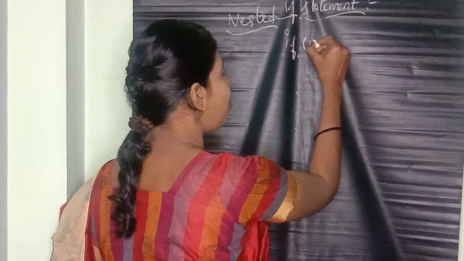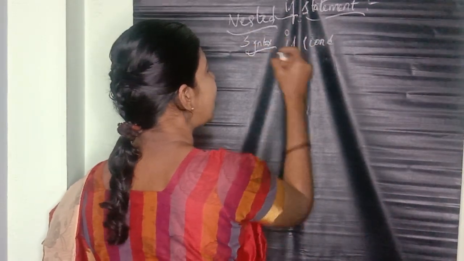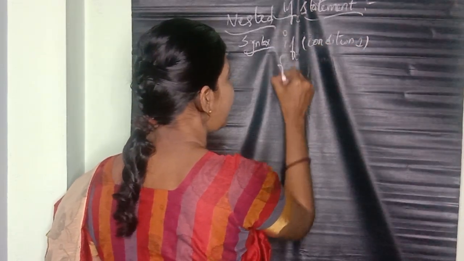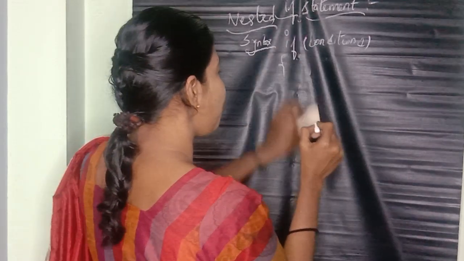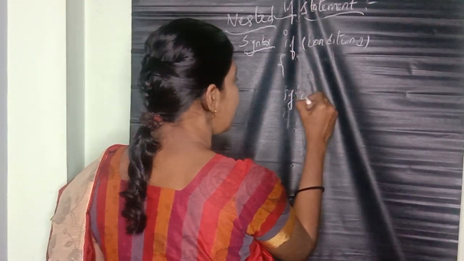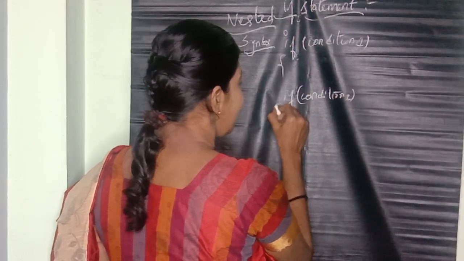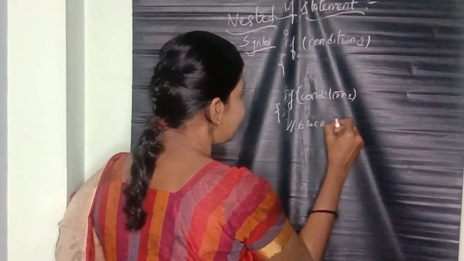Just see the syntax. What is the syntax of a nested if statement? If condition 1, open curly braces, then if condition 2, open curly braces and the block of statements.